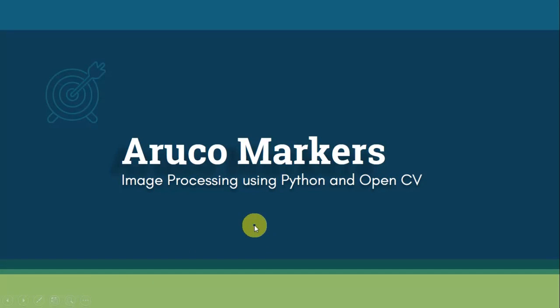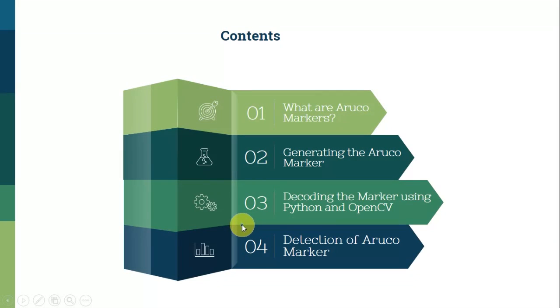So let's begin. Firstly, before we begin, we need to know what are the different things that will be discussed in the tutorial series. Firstly, we'll discuss what Aruco Markers are.